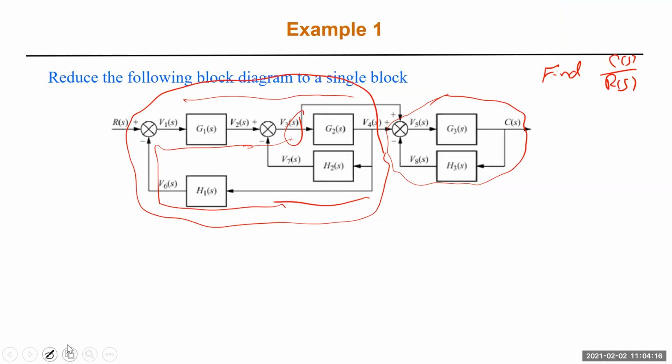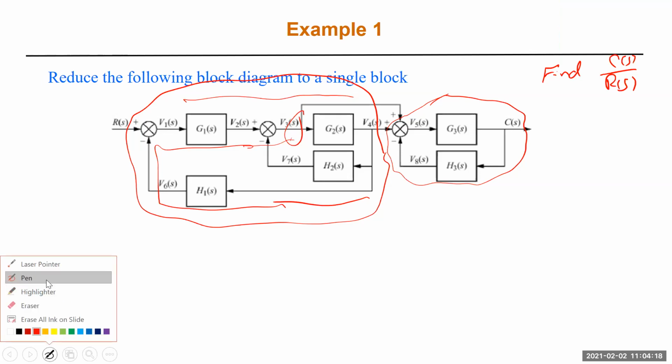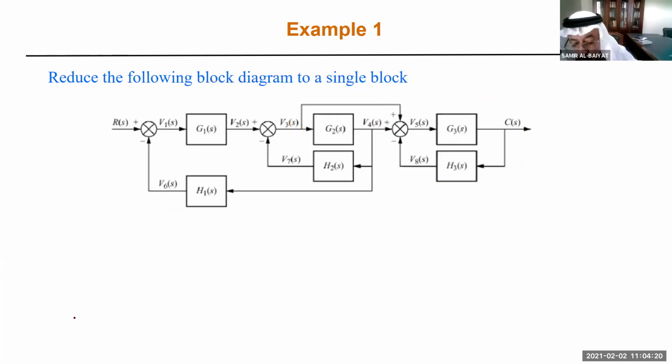What I'm saying is, to start with, let's agree on one thing. We are solving a set of simultaneous algebraic equations. So you could start in a different way, but ultimately we should have the same answer.